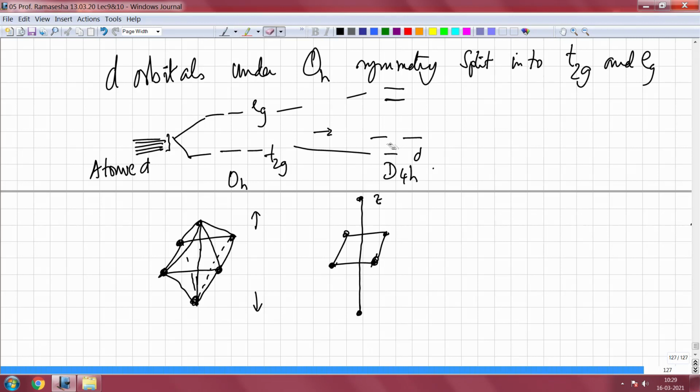So, what I had written was correct. What actually happens is the following, that is the dxy goes up in energy, because the xy distances are exactly the same for all the 4 ligands.